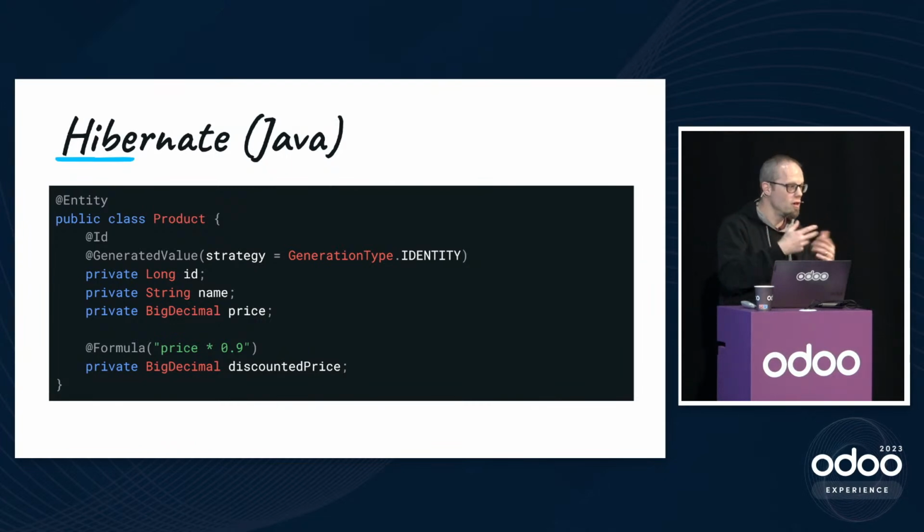It's not stored explicitly in the database, but if you're searching through the ORM's API for data that satisfy some conditions, and you have conditions on discounted price, typically the framework will replace the field reference, which doesn't exist in the database, by the SQL formula.